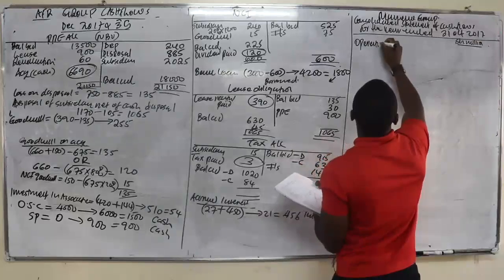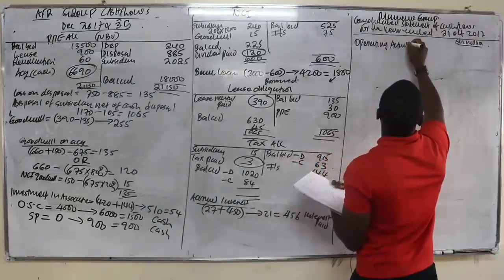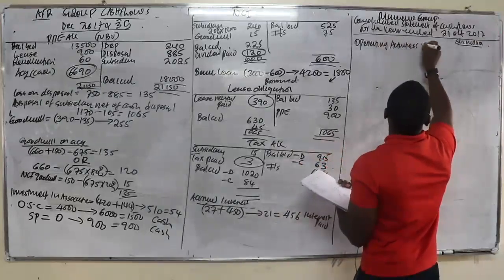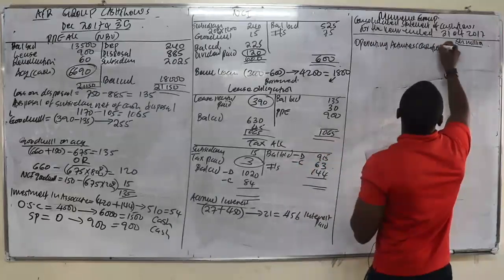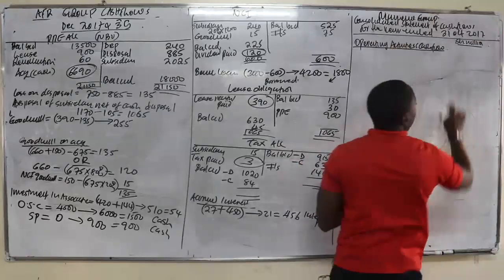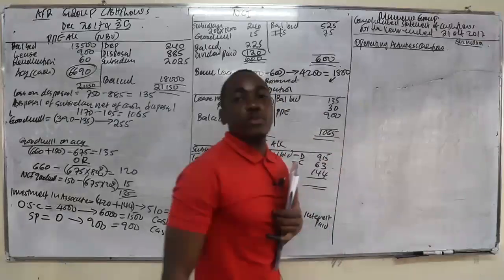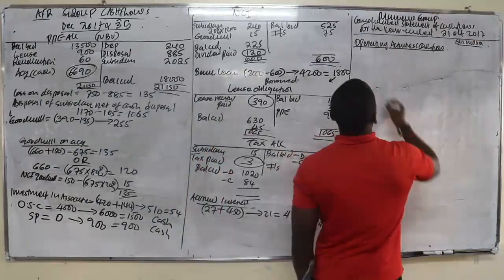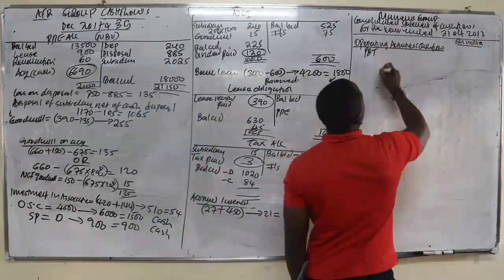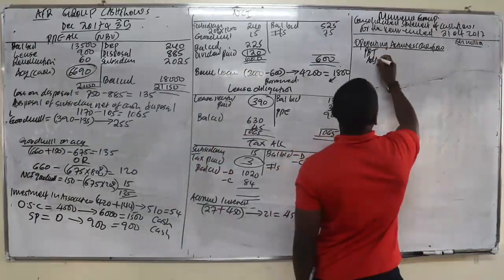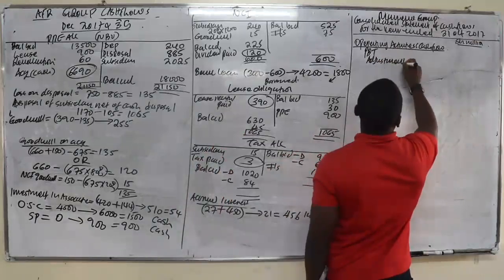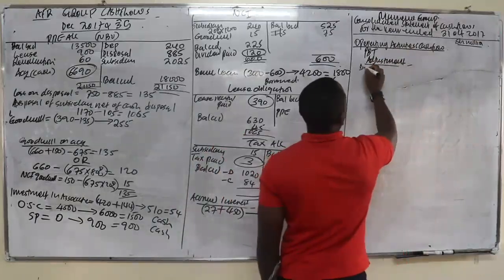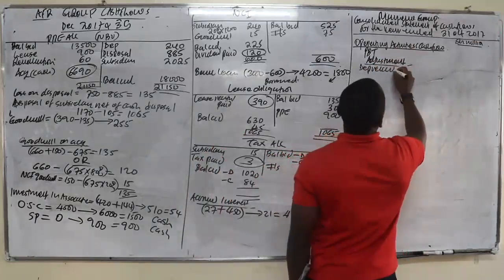So under indirect method, operating activities, cash flows. Let me flow with those who remember the format. Yes, profit before tax. Then we go to the adjustments. One, we have depreciation.